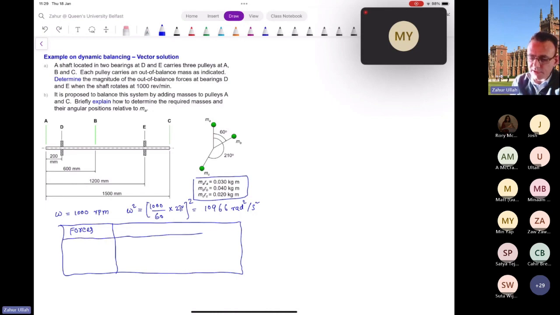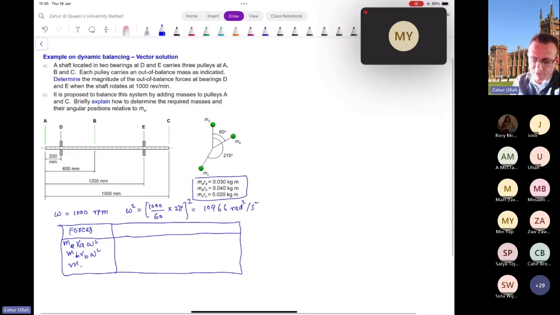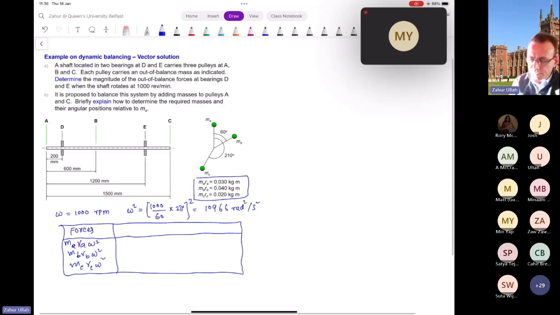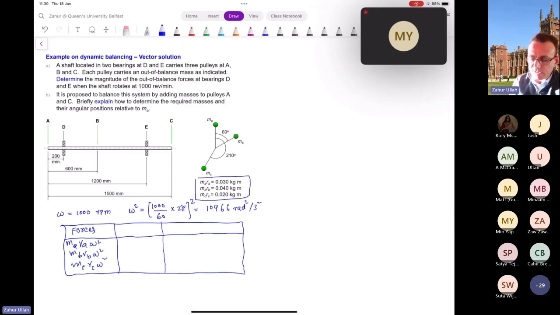The first one is MA RA omega square, and then MB RB omega square, and then MC RC omega square. You have these three forces, and then you can calculate the magnitude of the forces.